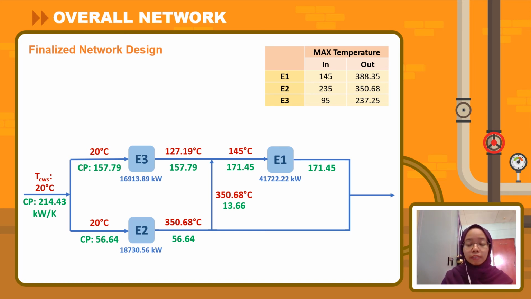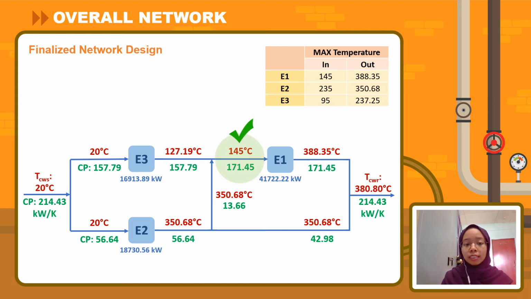Upon calculation, it is found out that the outlet of E1 is 388.35 degrees C. So this outlet of E1 is then mixed with the remaining of E2 outlet. So we get back our CP of 214.43 with the temperature of cooling water return of 380.80 degrees C. So we check again our inlet and outlet temperatures of our coolers, and everything seems to satisfy the maximum temperatures.